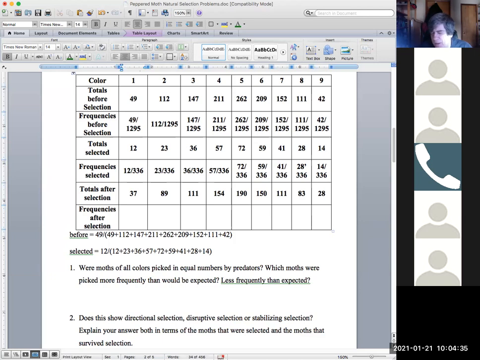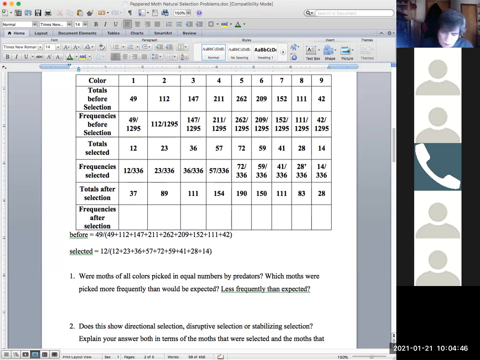If we started out with 1,295 moths in our population and 336 of them got eaten, then really the total after selection is equal to our 1,295 minus our 336.